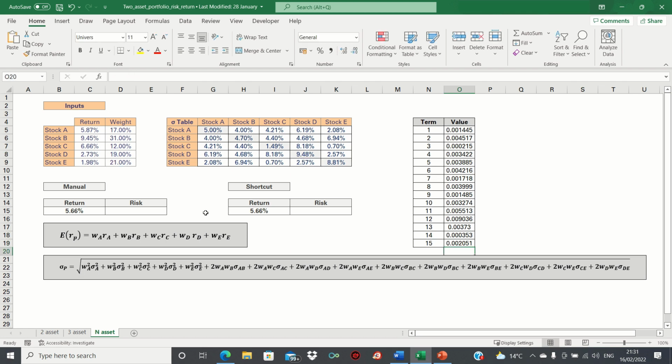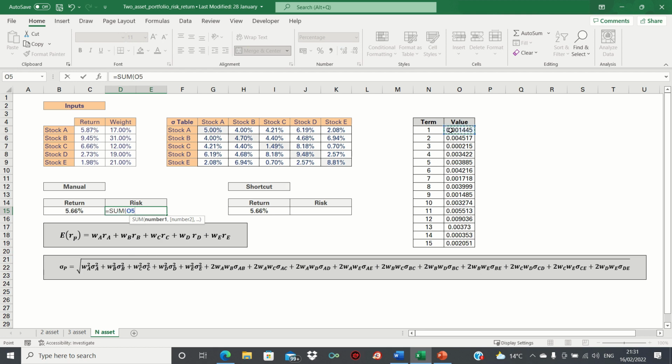Now that we have the values for each term, we can find the portfolio standard deviation manually. First, let's calculate the variance by adding all of these terms. To calculate the standard deviation, we simply have to find the square root of this calculation as per the formula.